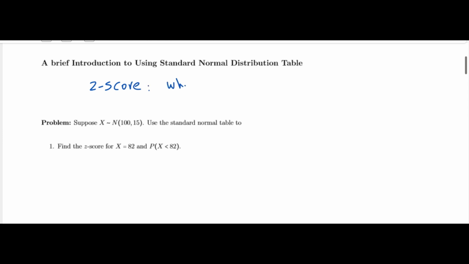When x is distributed by a normal distribution with mean mu and standard deviation sigma, for any x1 you can find the z-score z equal to x1 minus mu divided by sigma.